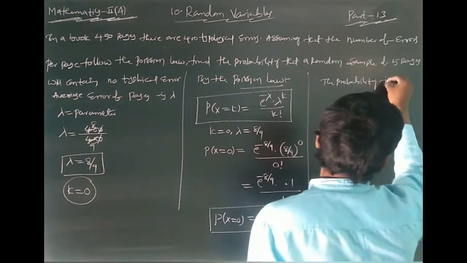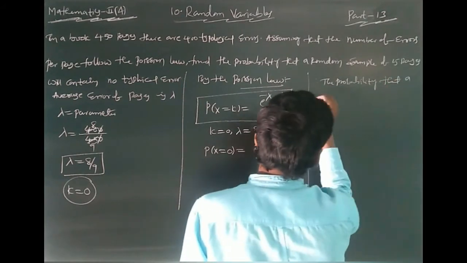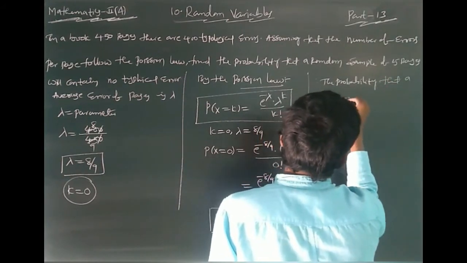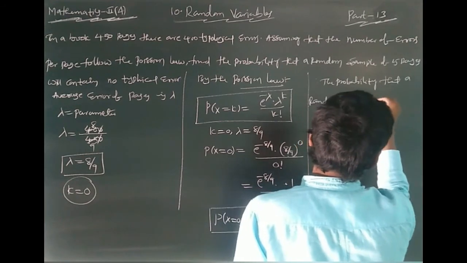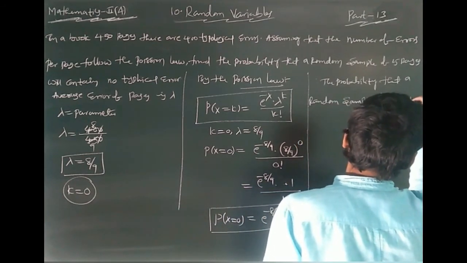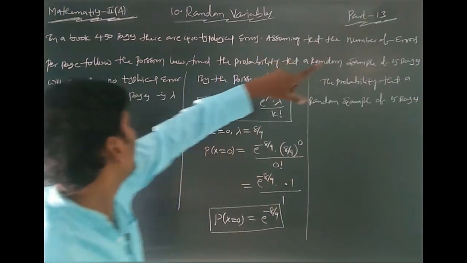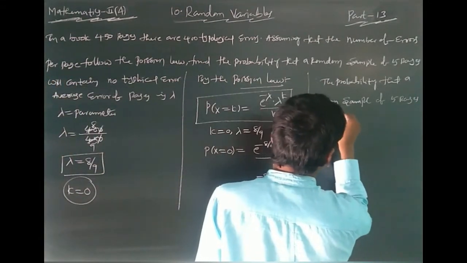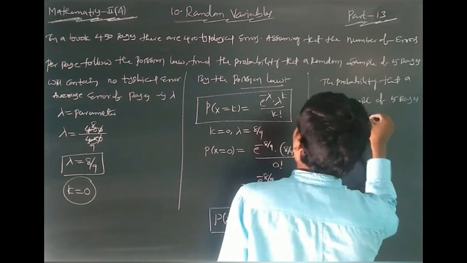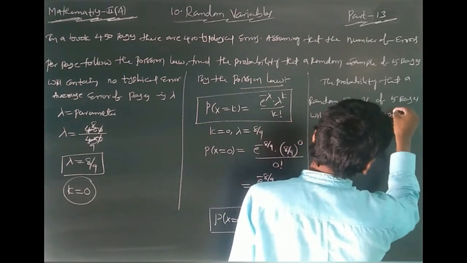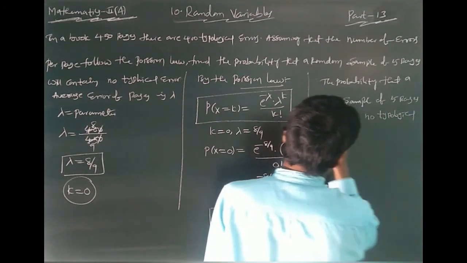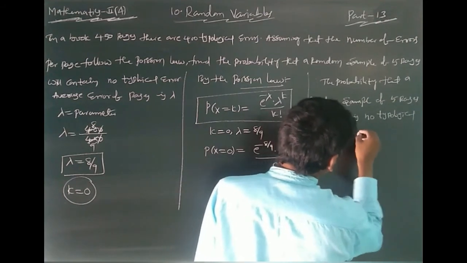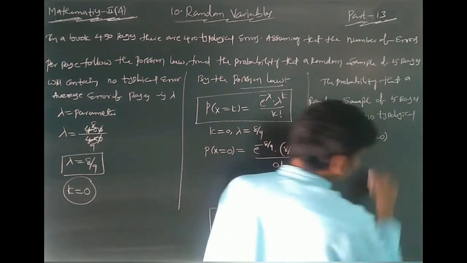Therefore, the probability that a random sample of 5 pages will contain no typological error is nothing but P of x equal to 0.